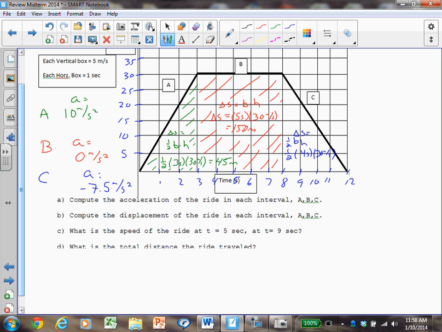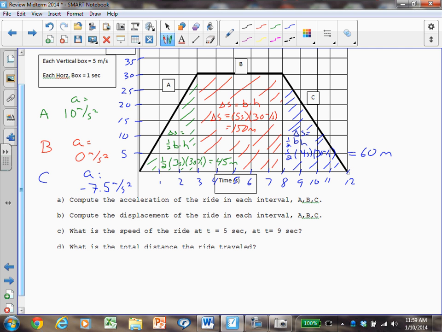It would be negative displacement if this curve went below the axis, because that would mean you have a negative velocity, which means that you're moving back towards where you started. But we don't have that here. 1/2 of 4 is 2. Wait a minute. Yeah, no, that's right. 60 meters. Okay?